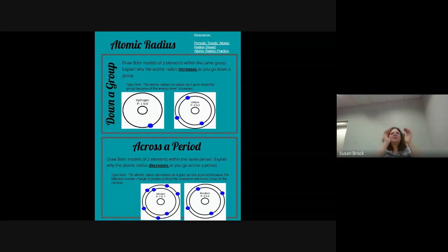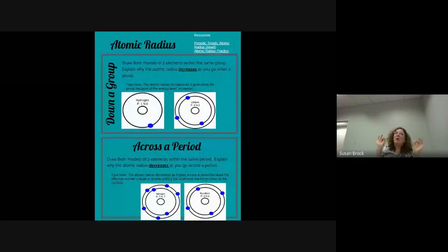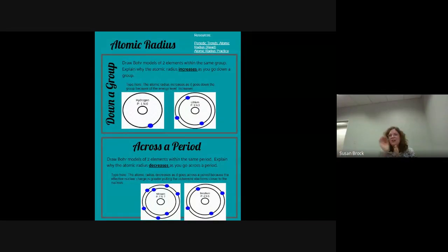And it's more than just adding energy levels, it's Coulomb's law is getting weaker, or sorry, Coulombic attraction is getting weaker because we get more energy levels more distant away from the nucleus. So more attraction, I'm sorry, less attraction. I should have said more distance, less attraction. So that's why the atomic radius gets bigger down a group, more distance, less attraction. You get more distance because they're adding energy levels.